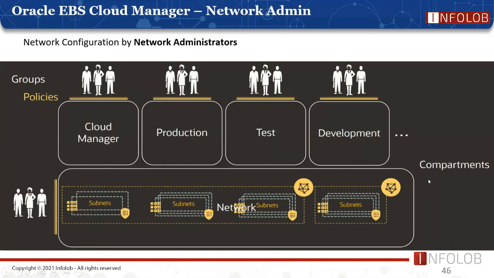Now, the next role which you have is your network administrator. This guy talks about a VCN, creates subnets, a separate subnet for production, a separate subnet for test, a separate subnet for development, so that we are logically isolating them and have controls and policies to categorize them.